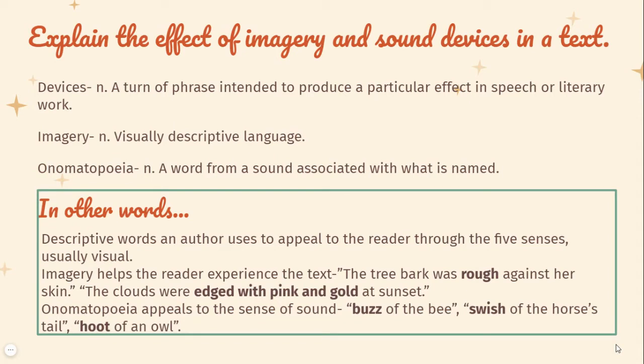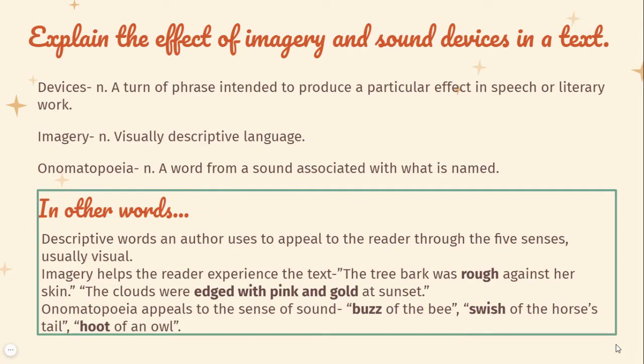Onomatopoeia is a word from a sound associated with what is named. In other words, imagery is descriptive words an author uses to appeal to the reader through the five senses, usually visual. Imagery helps the reader experience the text.